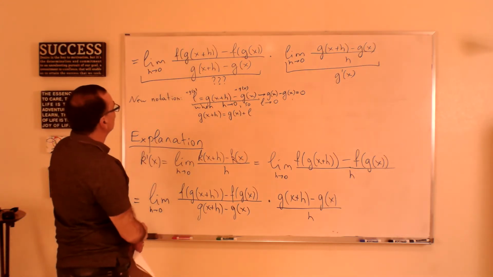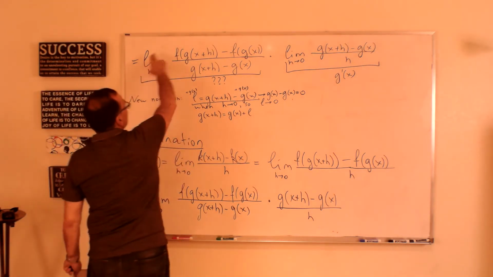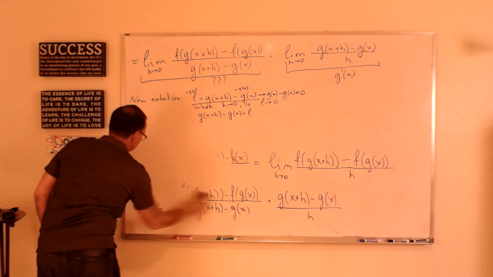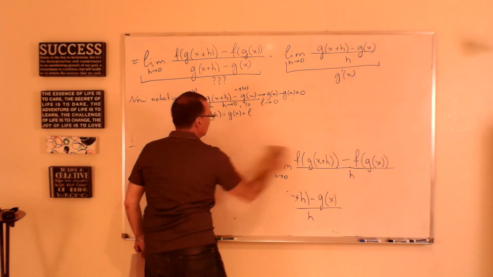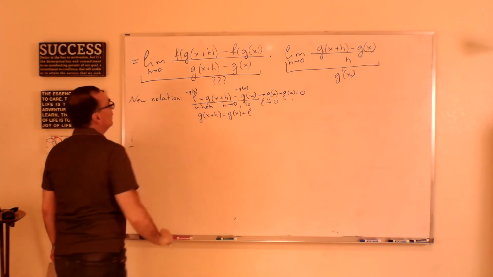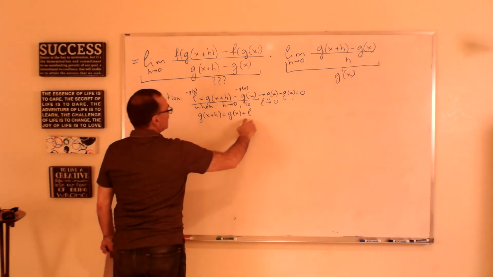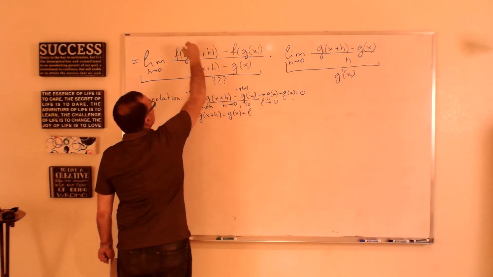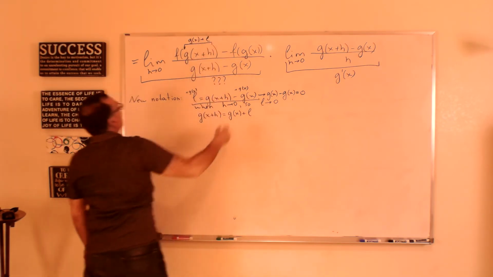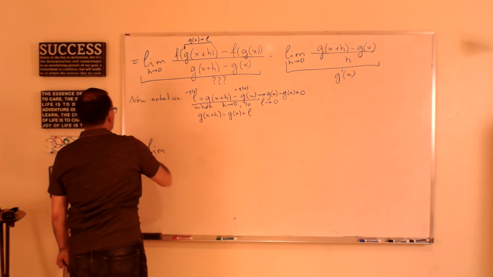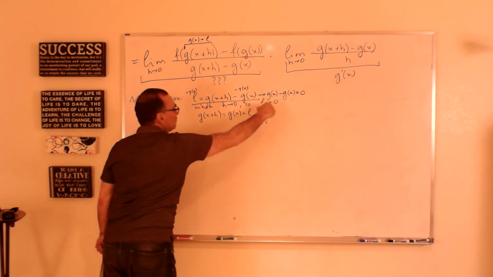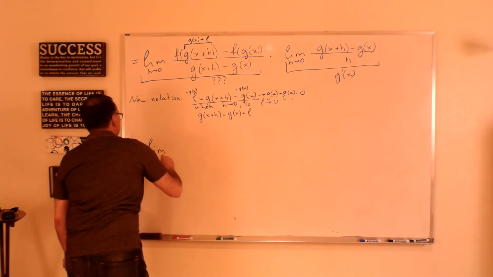Now I want to expand this second limit. Because g of x plus h is the same as g of x plus L, this entire thing is g of x plus L. So we get the limit as h approaches 0, but I just said when h approaches 0, L approaches 0, so I will write L approaches 0.